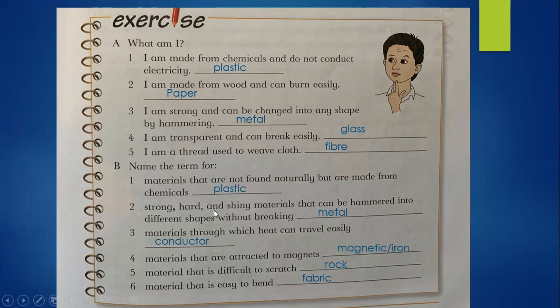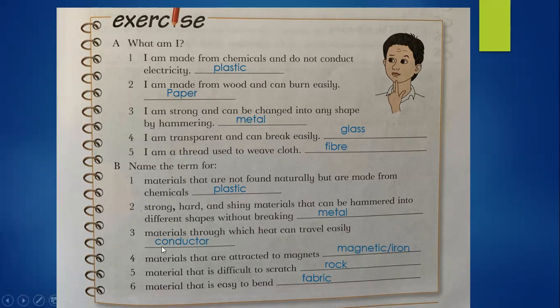Strong, hard, and shiny materials that can be hammered into different shapes without breaking. What is this? Metal. Materials through which heat can travel easily. Yes, what is it? Conductor.